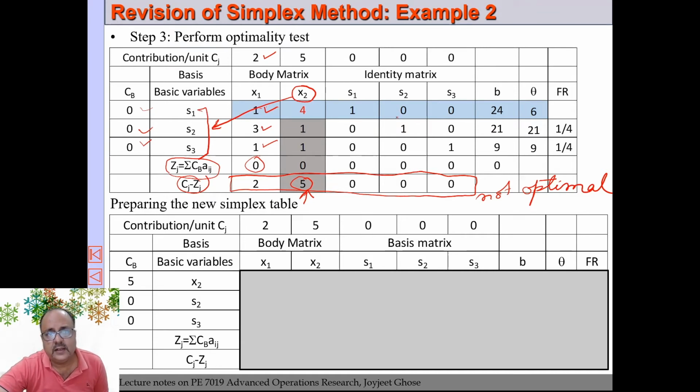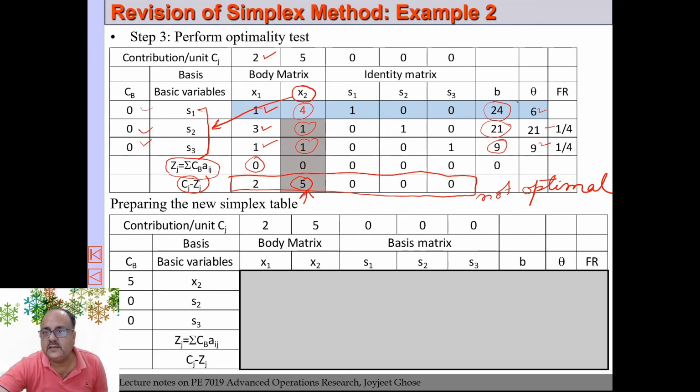So for that, we know this is the pivot column. We will divide the b values by the aij's of the pivot column. So 24 by 4 is 6, 21 by 1 is 21, 9 by 1 is 9.